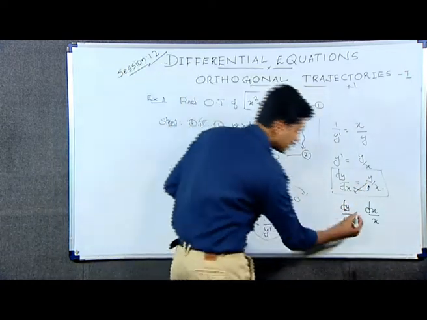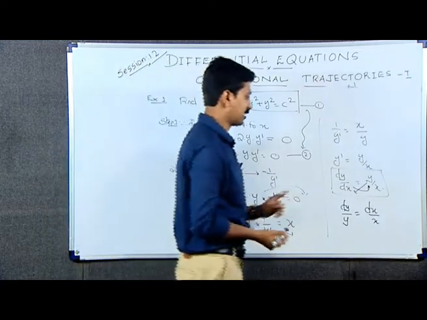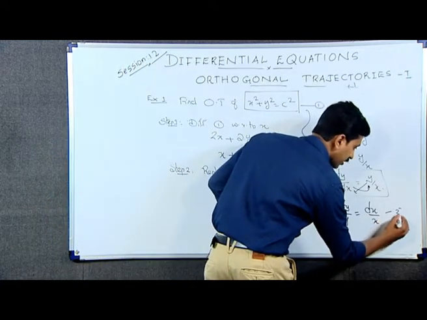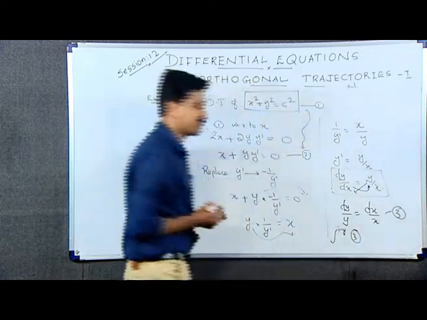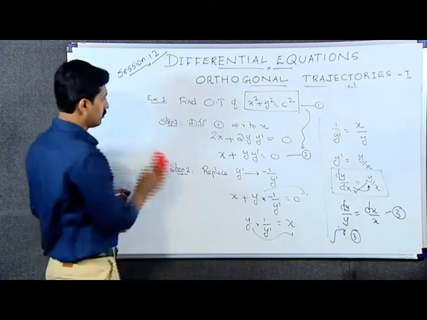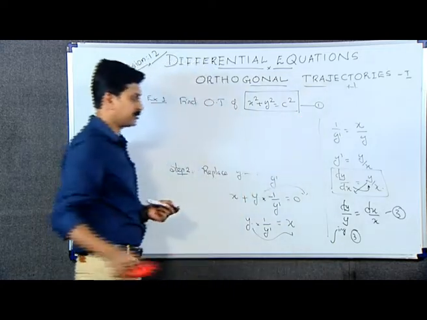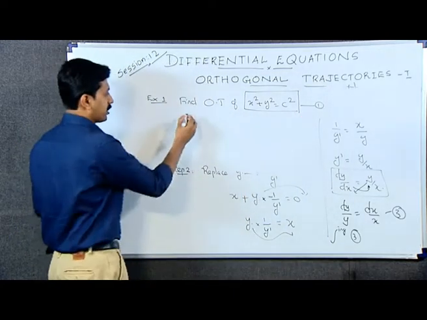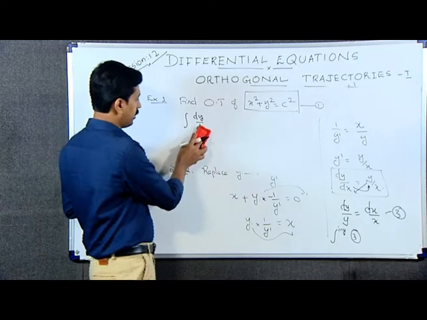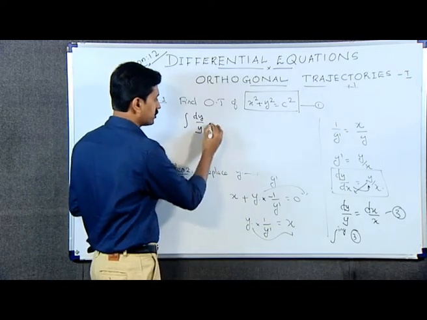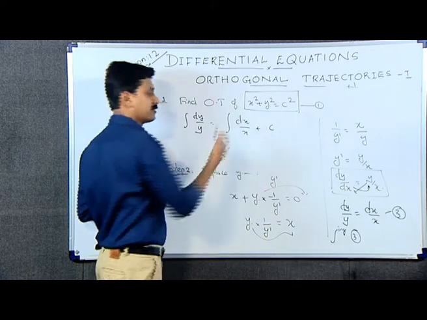The last step is integrating this one. I am taking this as equation 3, and integrating 3, we will have integral of dy by y is equal to integral of dx by x plus c.